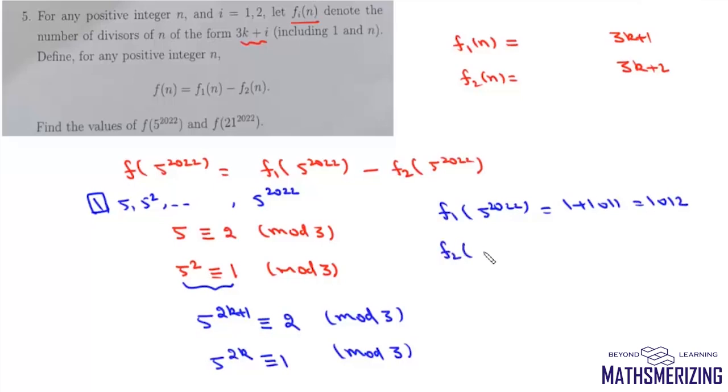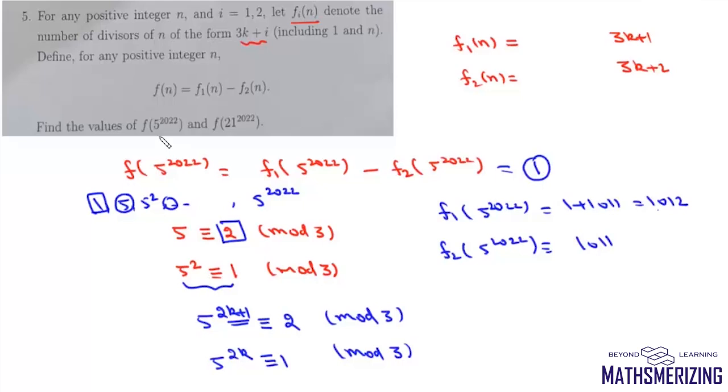Now if we look at f2 of 5 to the power 2022, we'll get the remainder 2, or it will be of the form 3k plus 2, if and only if the power is an odd power, and it'll be an odd power from 5 cube up to 5 to the power 2021, and the total number of cases will again be 1011. Now we need to find the value of f(5 to the power 2022). So this value will be 1012 minus 1011, which is 1.